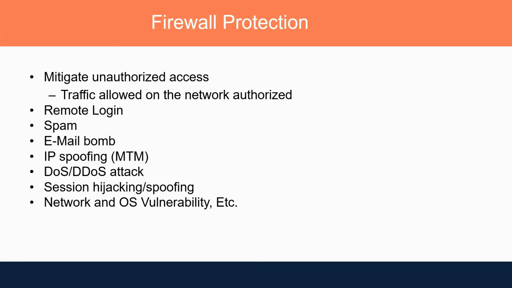The rest of the traffic gets blocked. So if anybody is trying to access your resources from an unauthorized network, they won't be able to access them. For example, if somebody wants to access your internal server from public resources, they won't be able to. It also prevents your server from remote login.